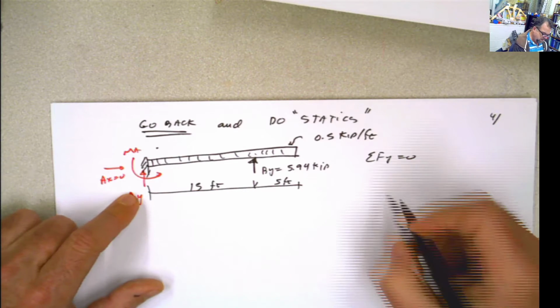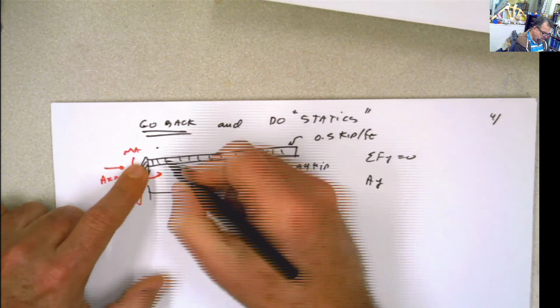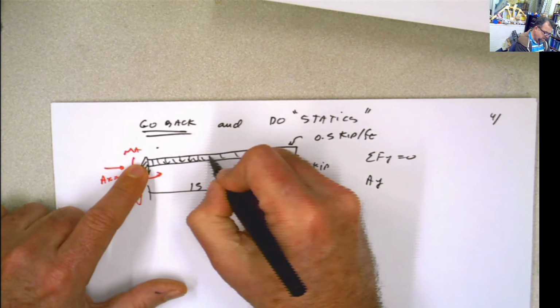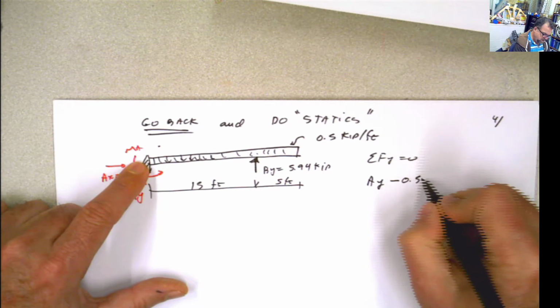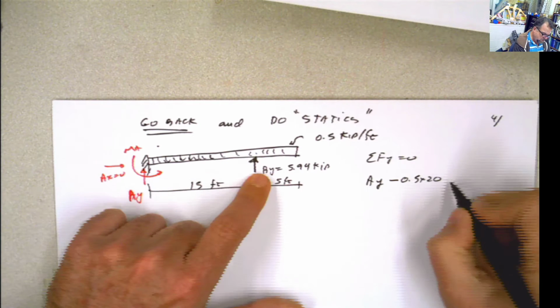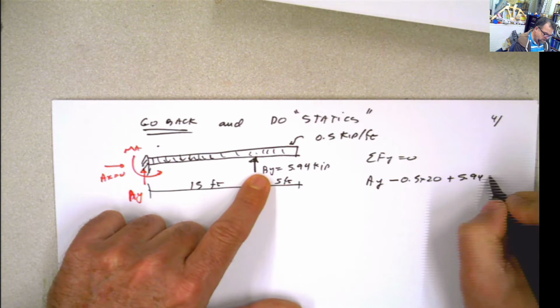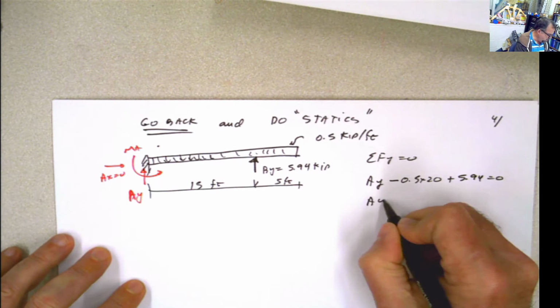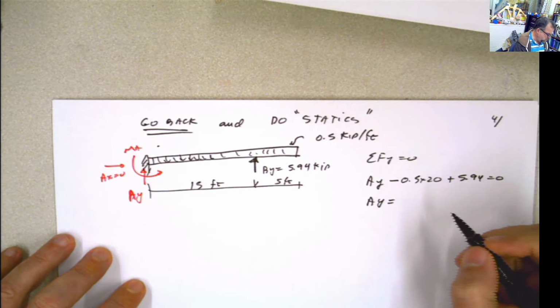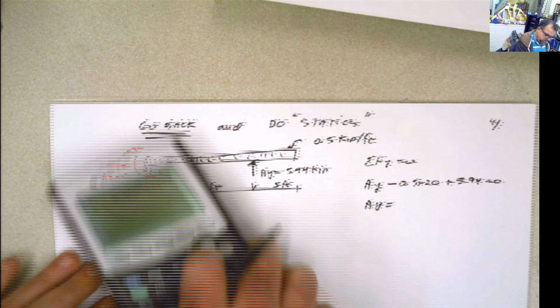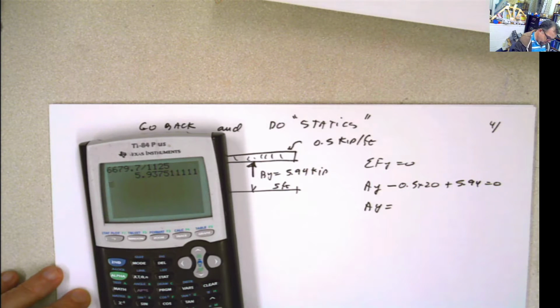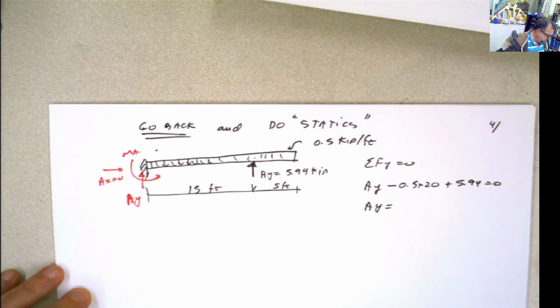Then you have AY, and then you have this force from the rectangular distributed load, which is minus 0.5 times 20, plus 5.94 equals 0. So I can solve for AY, and AY is going to be equal to 10 minus 5.94, 4.06 kip.